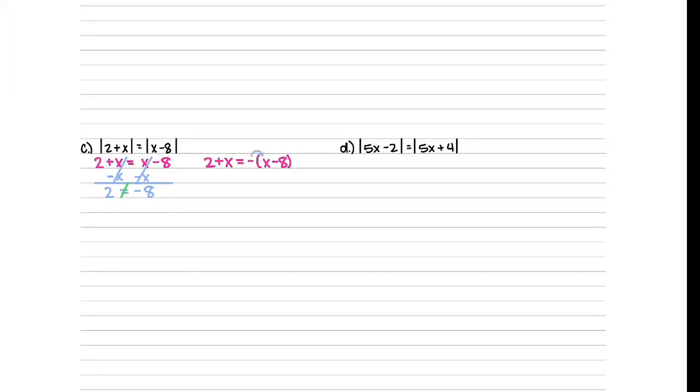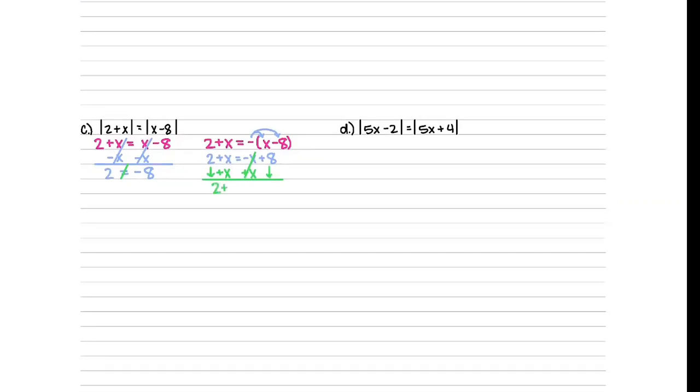So with the other one, I'm just going to distribute that negative. This is going to give me 2 plus x is equal to negative x plus 8. I move the x over by adding it to both sides. This is going to leave me with 2 plus 2x is equal to 8.